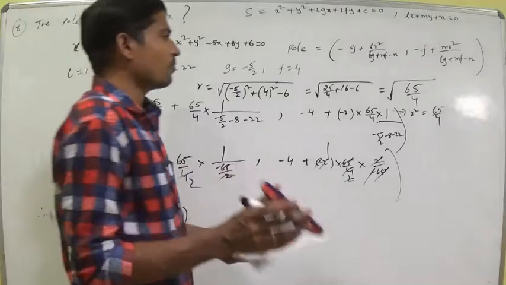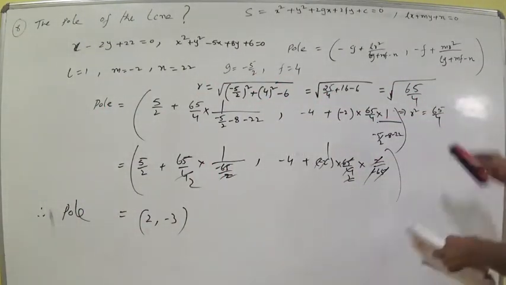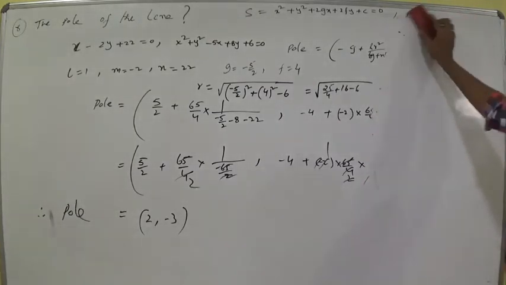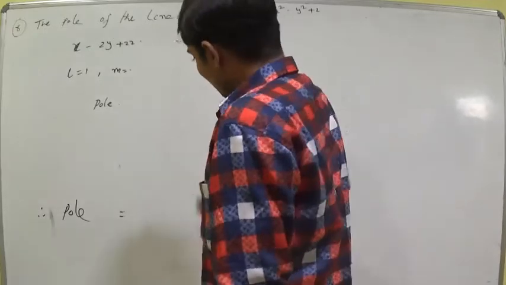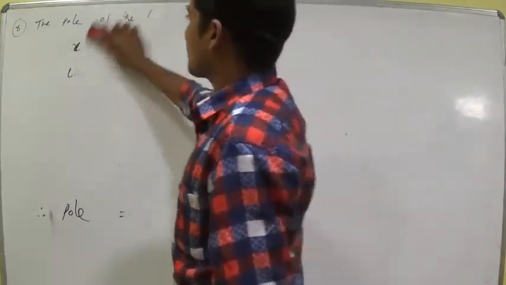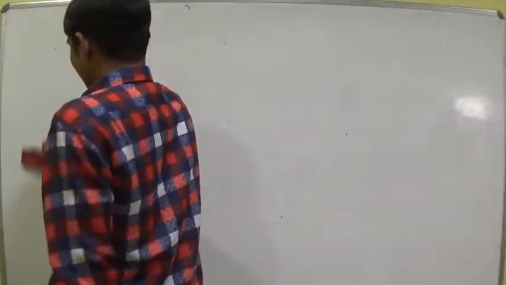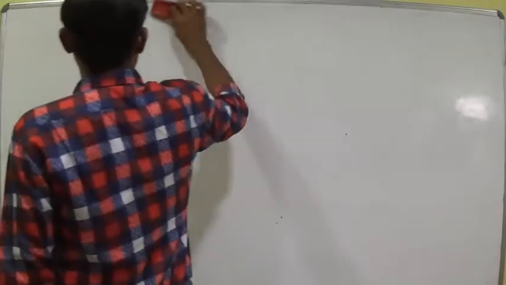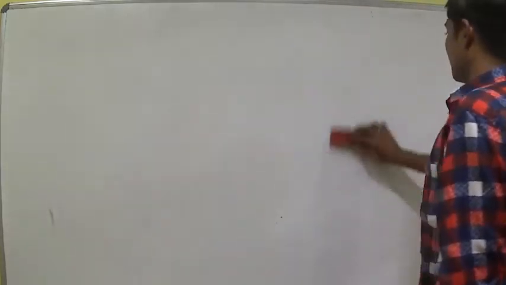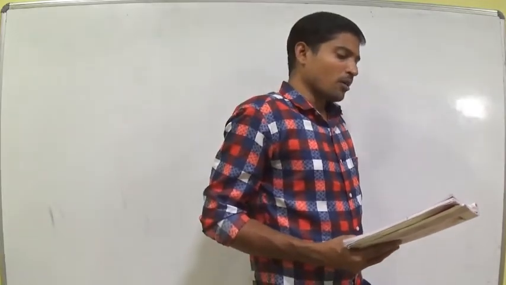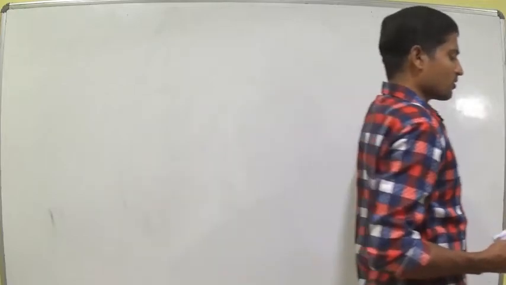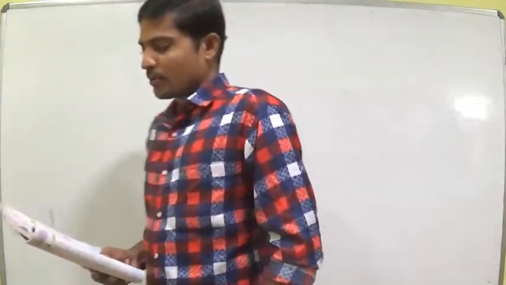Now next one, the 11th: the equation to the polar of the point minus 2 comma 3 with respect to the circle x square plus y square minus 4x minus 6y plus 5 is equal to 0.